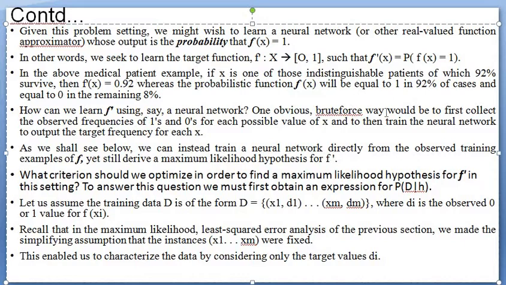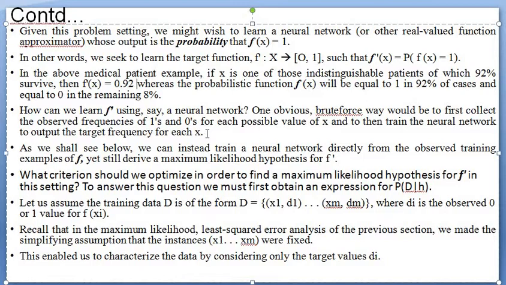One obvious brute force way would be to first collect all the observed frequencies of ones and zeros for each possible value of x, and then train the neural network to output the target frequency for x.